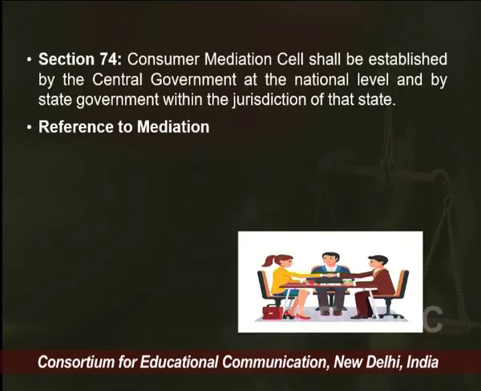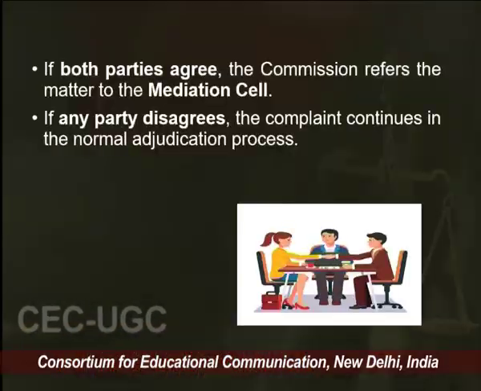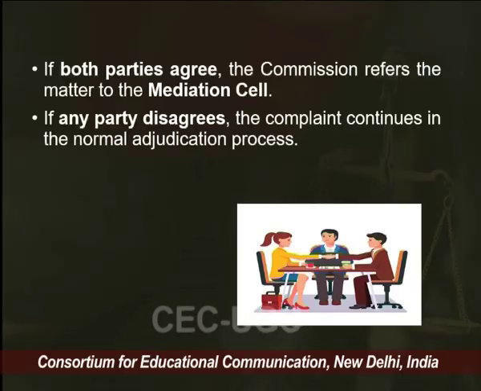Then it also talks about the reference to the mediation, that sometimes some cases can be referred to the mediators if the Consumer Commission thinks that the case is capable of settlement, and it may direct parties to give their written consent for settlement by mediation. Then section 75 talks about the process, that if both the parties agree, the commission refers the matter to the mediation cell.